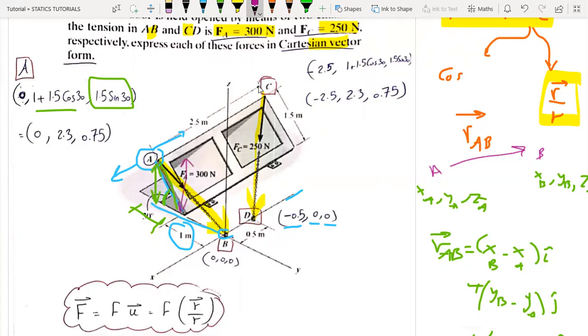What about point C? It has moved in the x direction a value of minus 2.5. So here is the x direction, the x-axis. It has moved in this direction a value of minus 2.5. We cannot see it, it's given as 2.5, but we should put the negative sign.